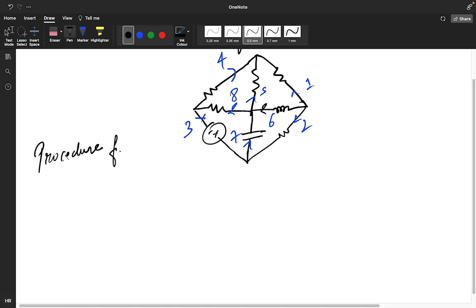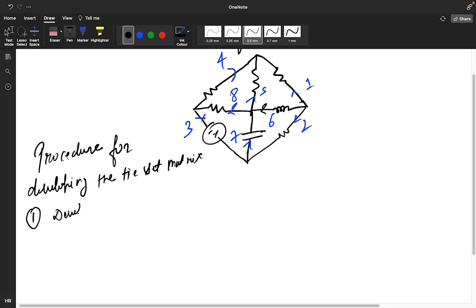Procedure for developing the tie set matrix. Okay, so first step is develop a graph for the given network.